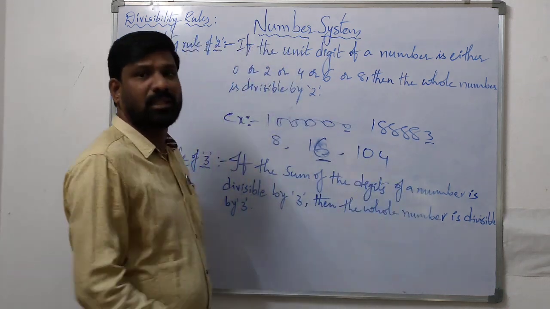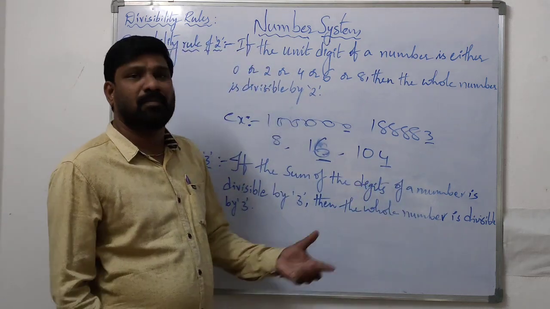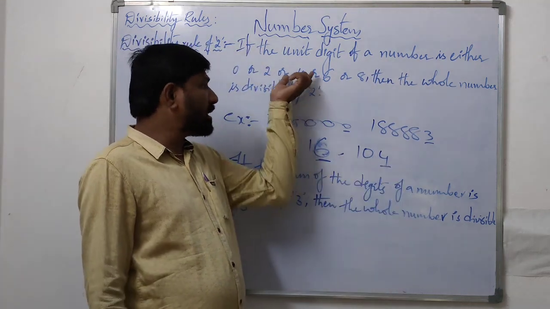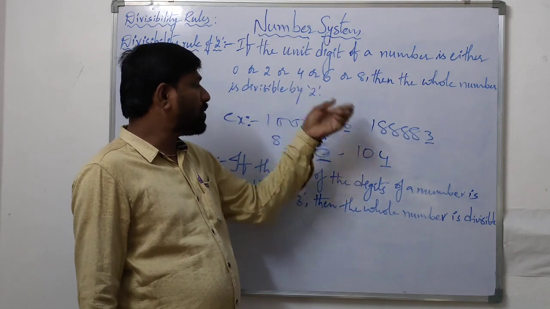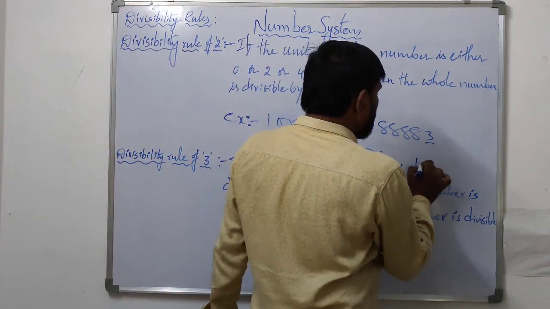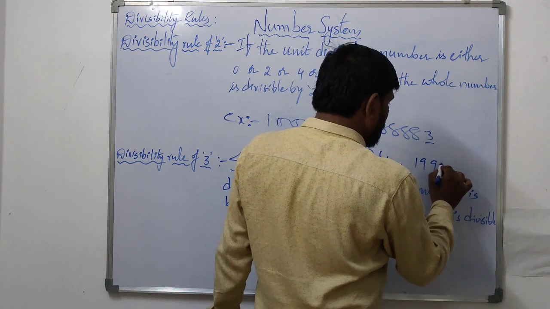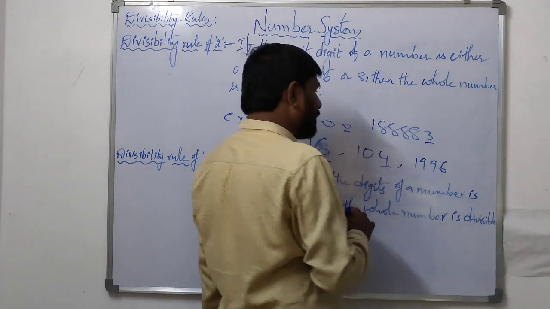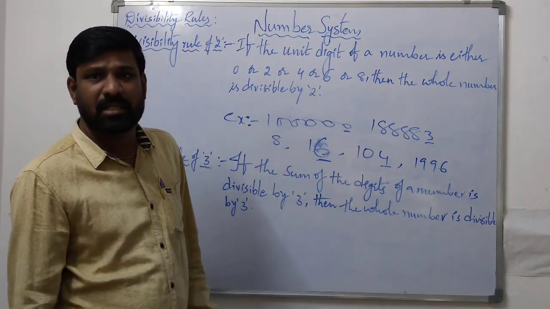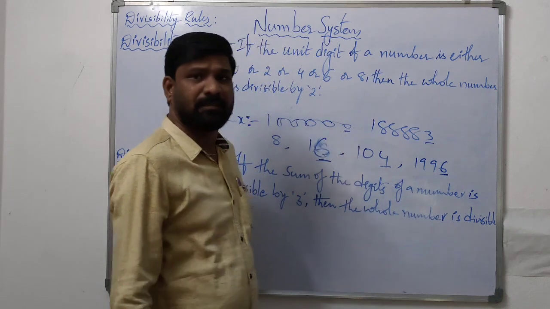You have to think only about the last digit. 4 exists here. The last digit is 4, so it will be divisible by 2. Like this, a 4-digit number, let us take 1996. That is also divisible, as your last digit is 6.